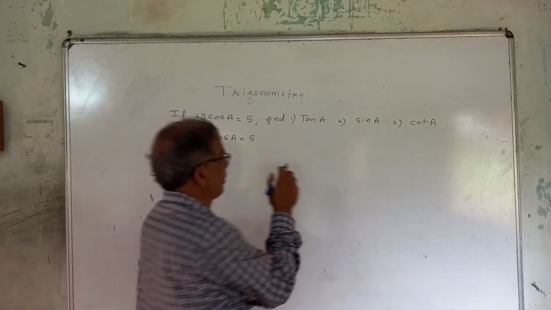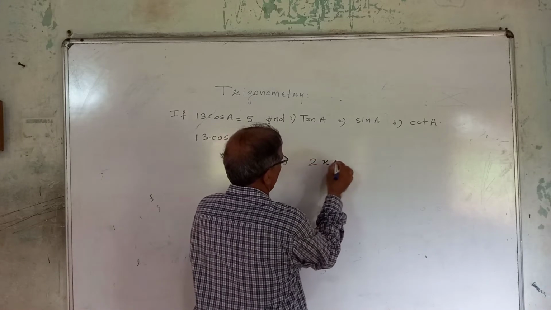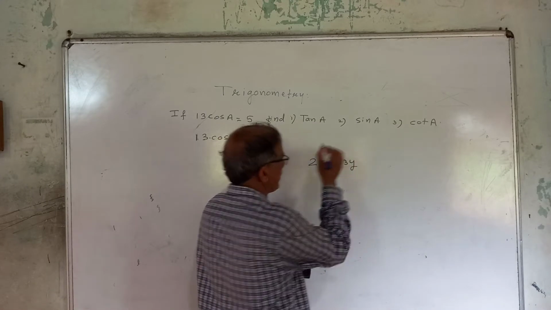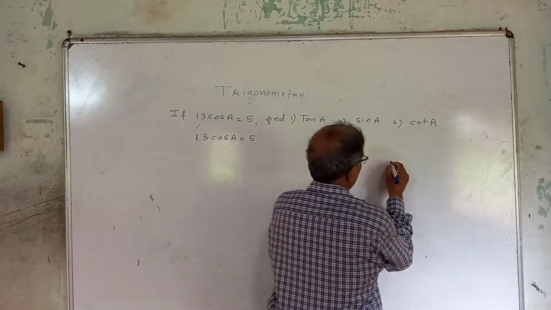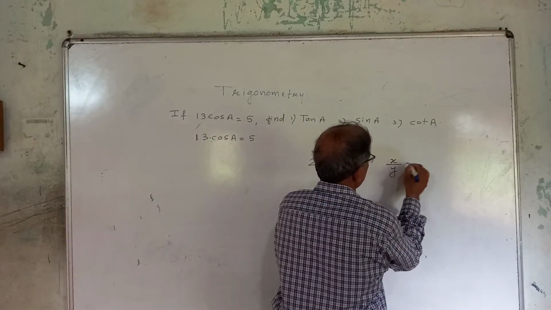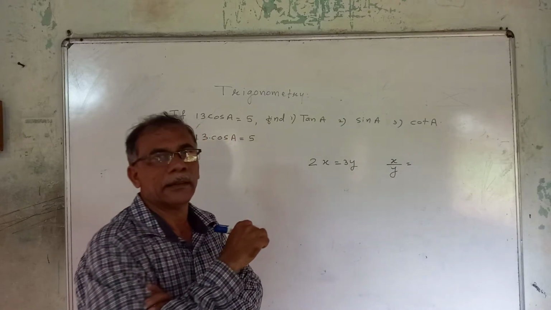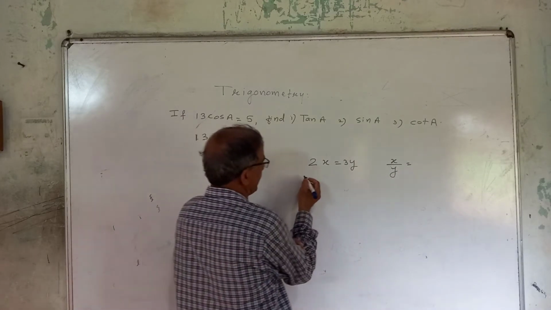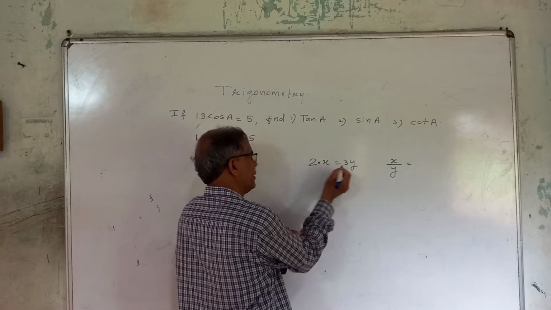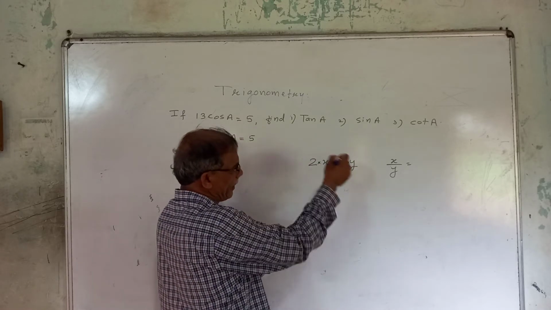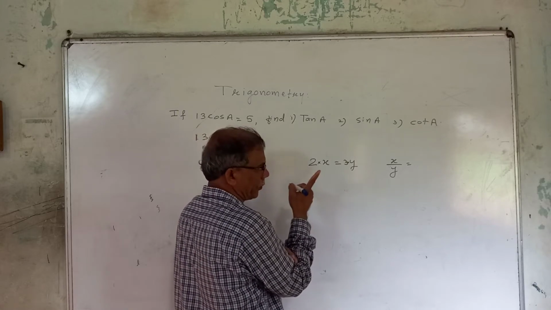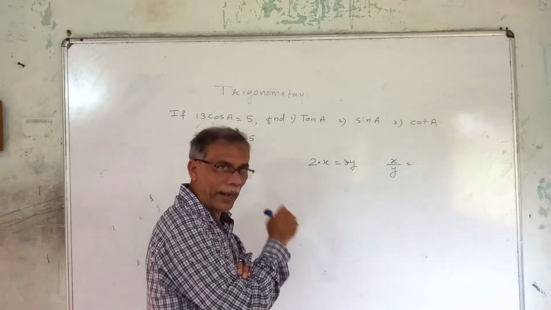Means what? Now suppose you have 2x is equal to 3y. It is given. And if you are asked, find the value of x upon y is equal to dash. So what is the meaning of this? 2x means 2 into x, 3y means 3 into y. You want to find the x upon y value.